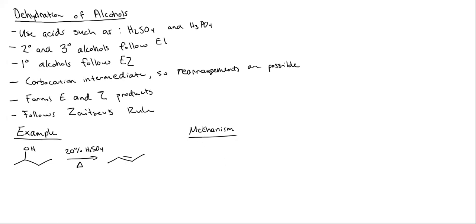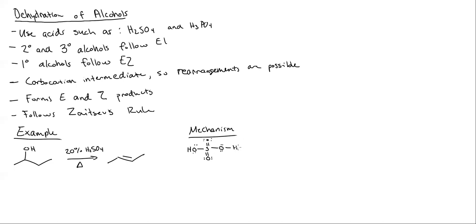Anytime I do a dehydration reaction, I'm going to have to write sulfuric acid, which looks like this. It's an OH bonded to an S, double bonded to two O's, which is also bonded to another OH. And then I'm just going to write my electrons on this as well. So those are all my electrons.